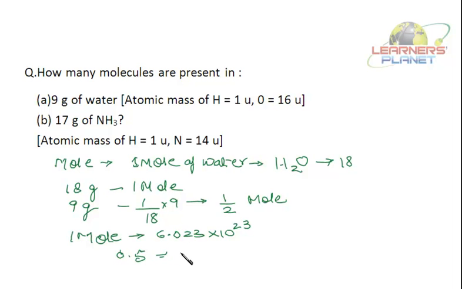We can just multiply this: 6.023 into 10 to the power 23 multiplied by 0.5. So just half of it. It will be divided by 2, approximately 3.